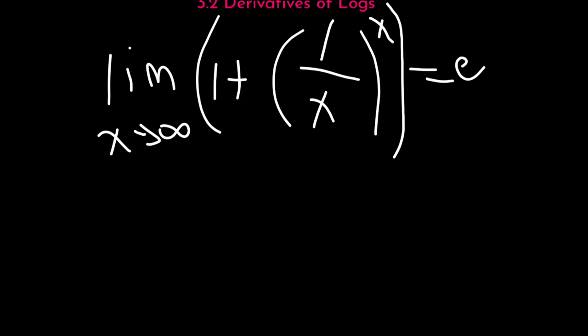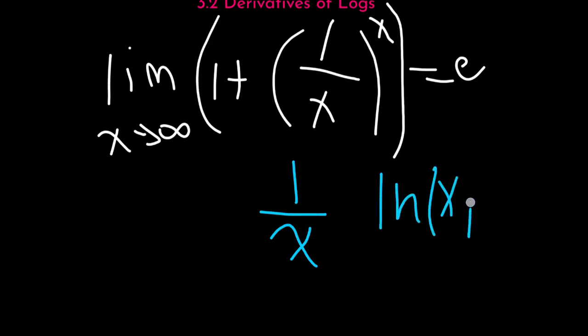The derivative of a logarithmic function becomes 1 over x in its base form. So the derivative of ln x equals 1 over x. Now you might say, well, what's the derivative of log x?